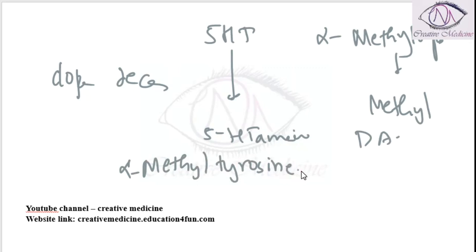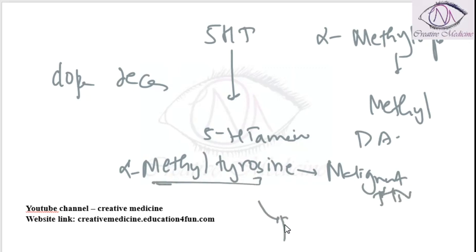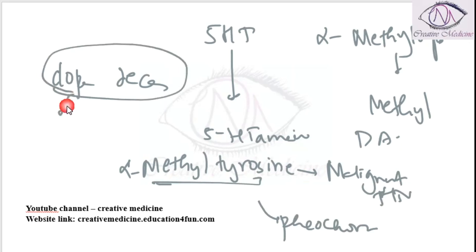This alpha methyl tyrosine is used in the management of malignant hypertension, and in pheochromocytoma. Dopa decarboxylase has a cofactor called pyridoxal phosphate.